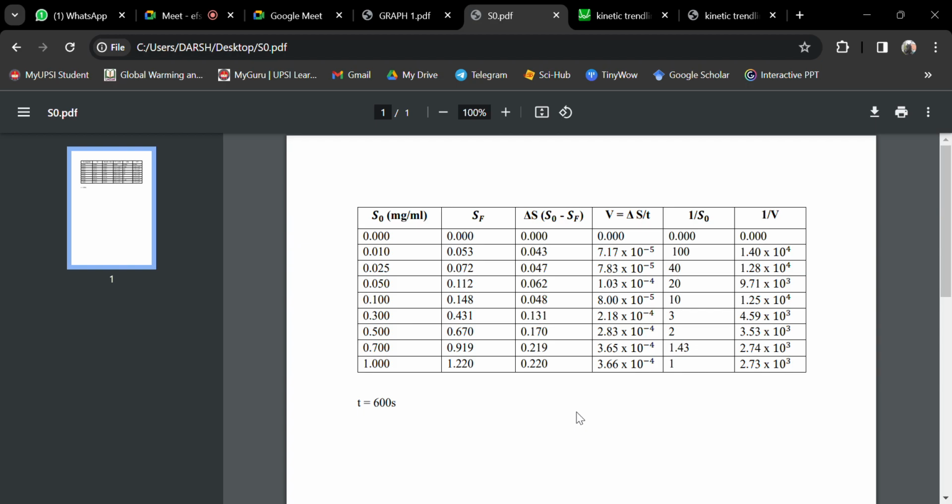You follow strictly as what guided by the table kan? Okay. If you look at S0, that's supposed to be the initial concentration of your starch. Betul tak? S0 tu lah. Your concentration, the initial concentration, betul kan?